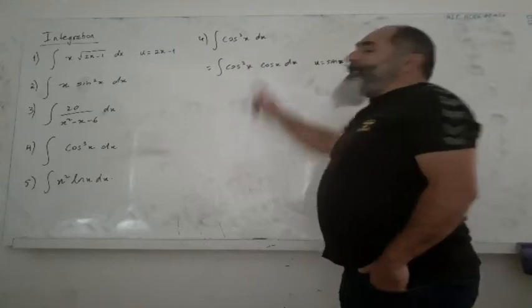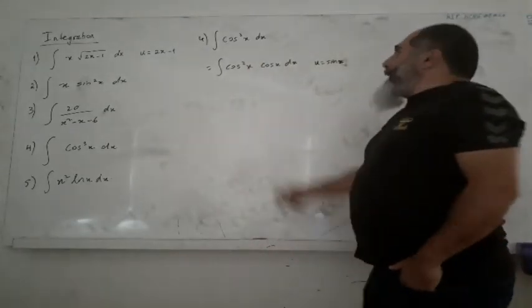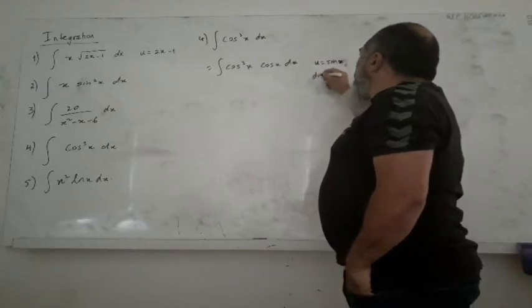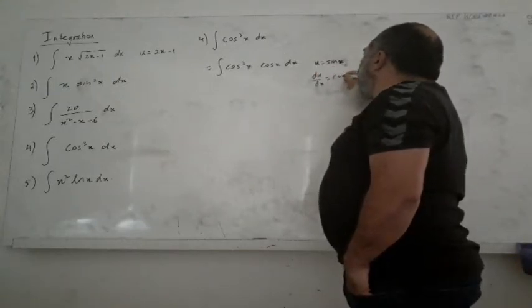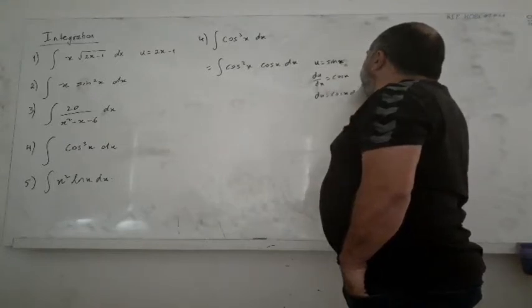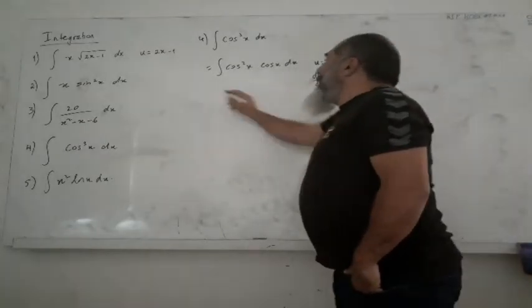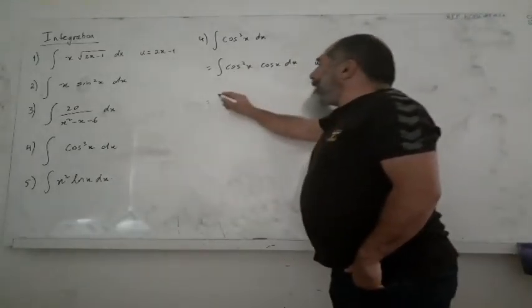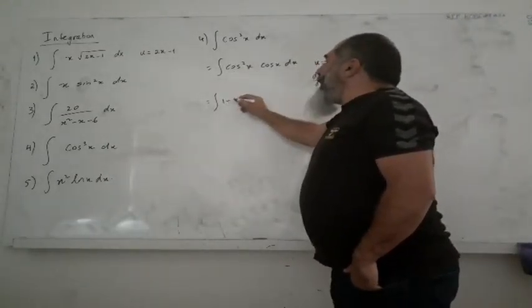So if u is sine x, du over dx is cosine x, so du is cosine x dx. Cosine square x is equal to 1 minus sine square x, times cosine x dx.